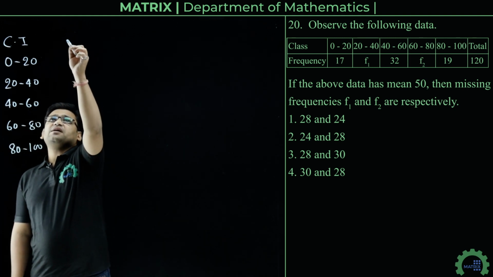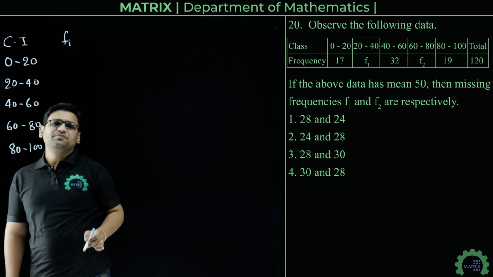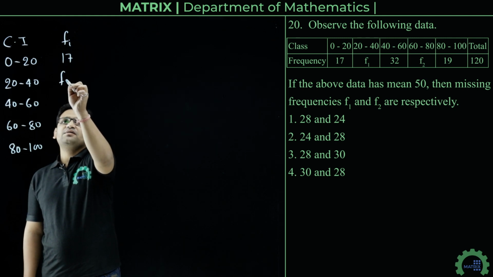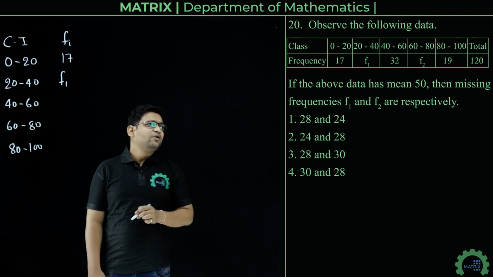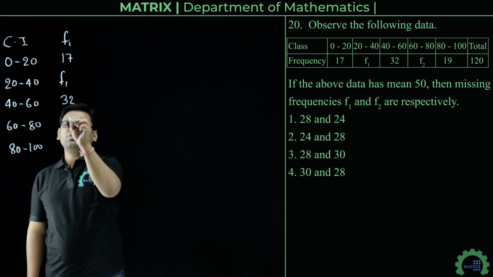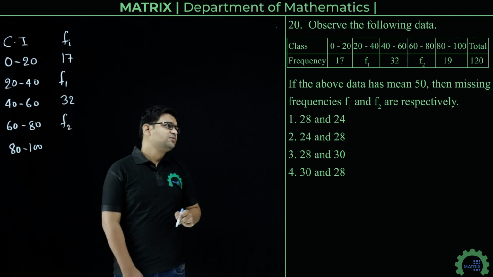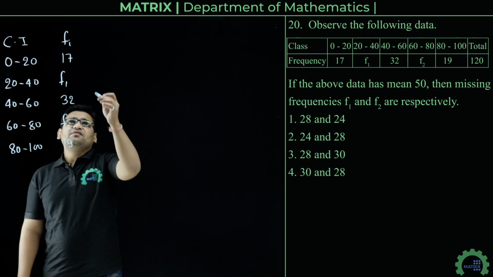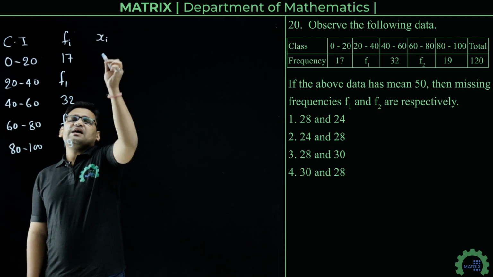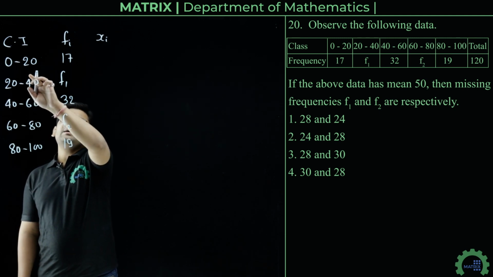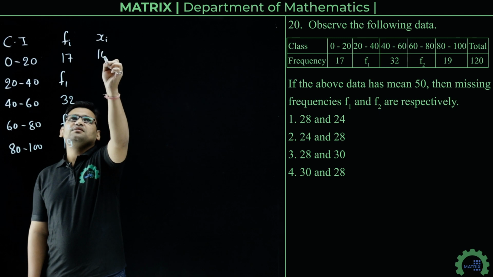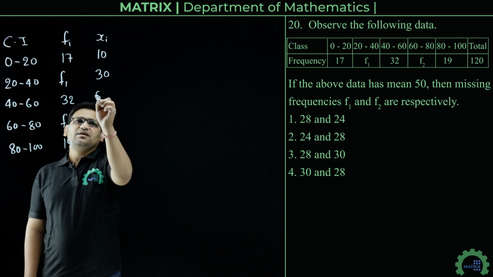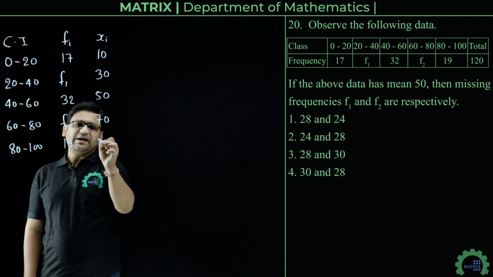And the given frequencies are, let's say frequency Fi 17, then F1, then 32, F2, and last 19. After that we write class mark for these class intervals, that is for 0 to 20 class mark is 10. Similarly for this class interval the class mark is 30, then 50, 70 and 90.